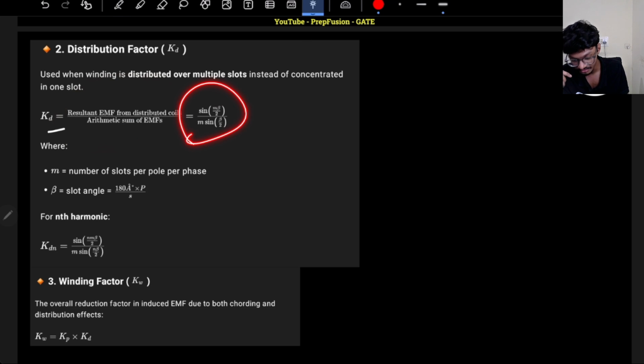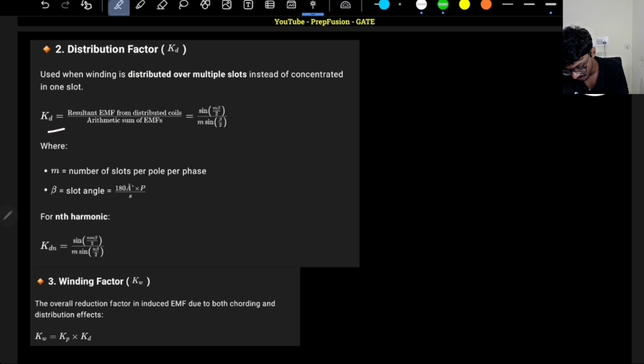Basically, if it is concentrated, then this kd will be 1. How is kd 1? If I say kd for concentrated winding will be equal to sine of m beta by 2 divided by m into sine of beta by 2.